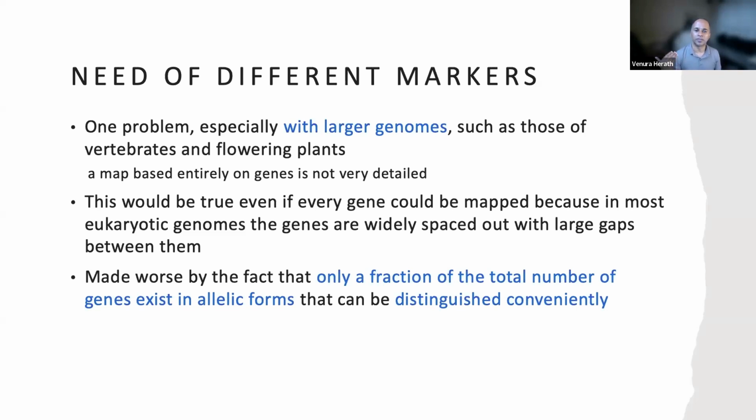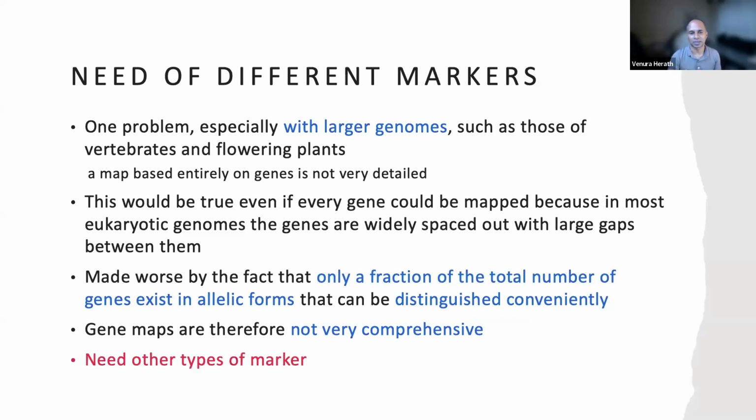If they are not in allelic forms, you can't conveniently distinguish them from each other. So your gene map is not going to be very comprehensive. That means we need a much better marker in this aspect.